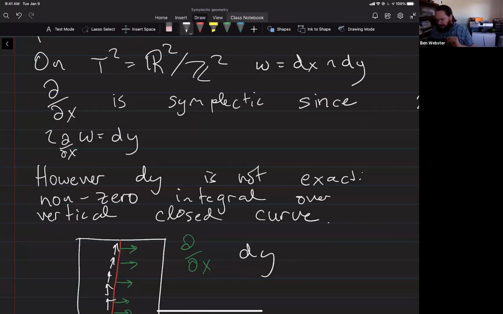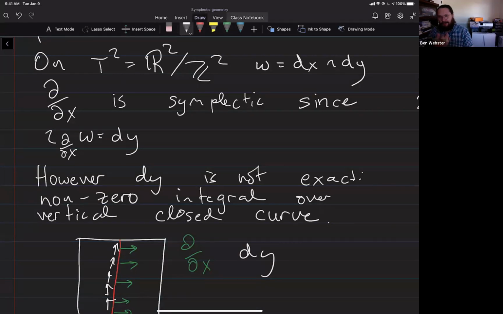So note here, there isn't a global coordinate x or a global coordinate y, but they're perfectly good one forms dx and dy, because dx and dy pull back to themselves under addition by any vector, in particular under an integer valued vector.